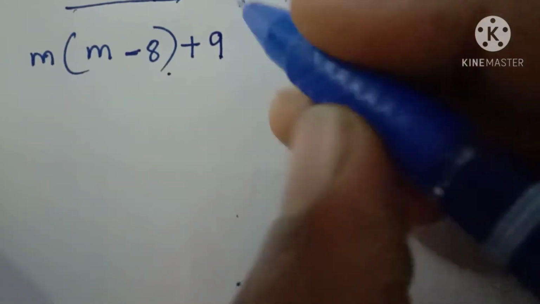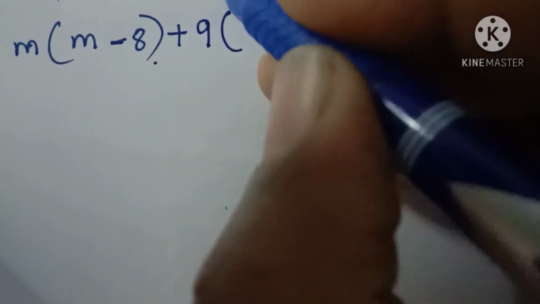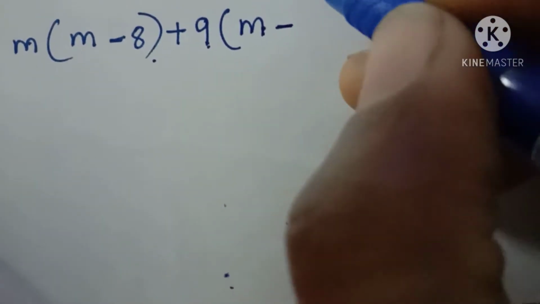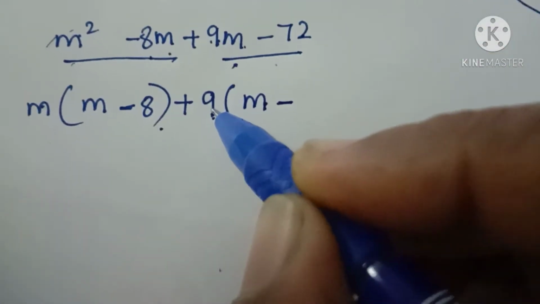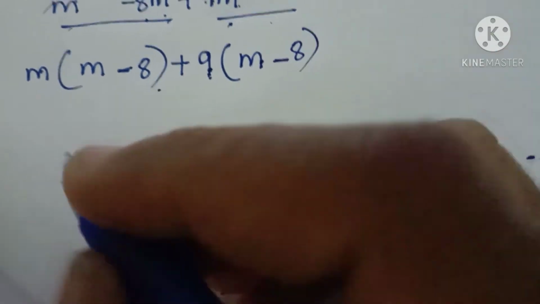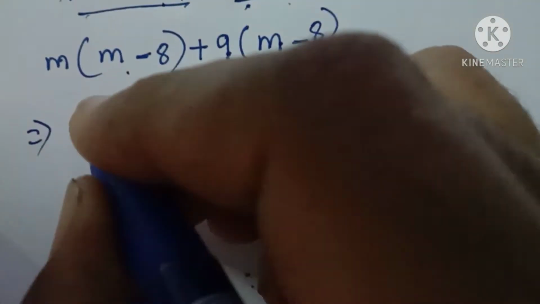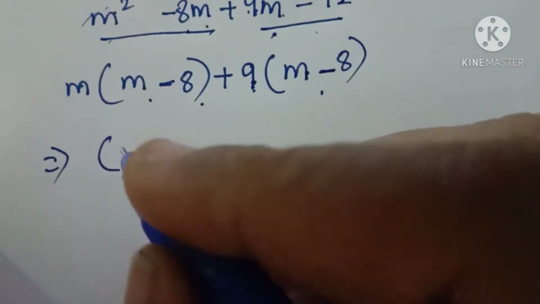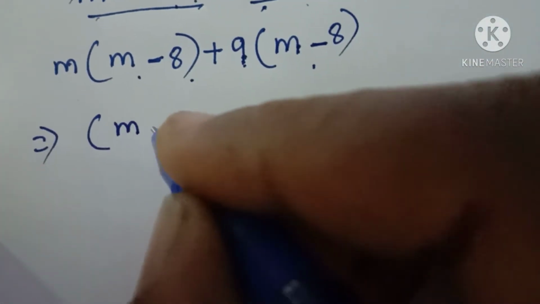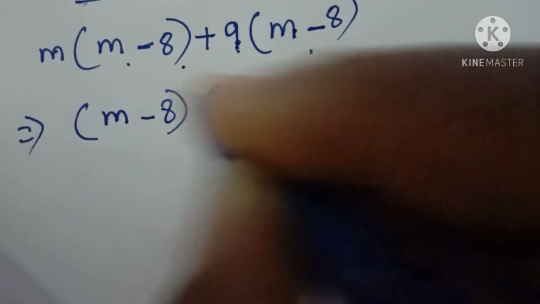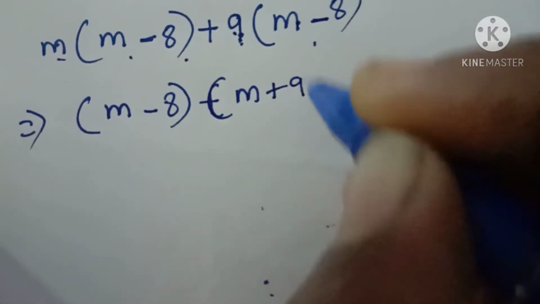So if you take 9 as a common factor, 9m divided by 9 is m, minus 72 divided by 9 is 8. Then first write the terms which are in the bracket: m minus 8 into m plus 9.